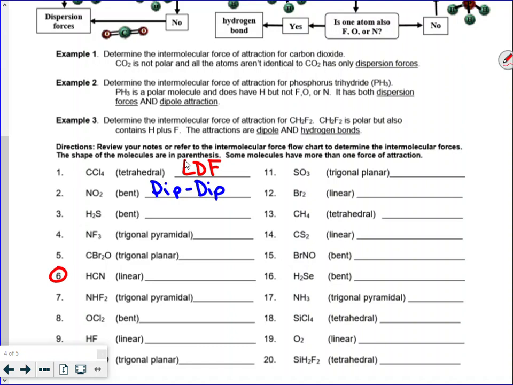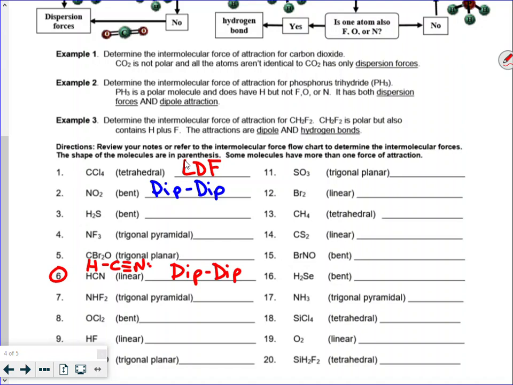No, because what's bonded to each other? H is bonded to the C, which is in turn bonded to the N. So the H and N aren't exactly bonded to each other, therefore this does not fall under hydrogen bonding. This is going to be dipole-dipole.